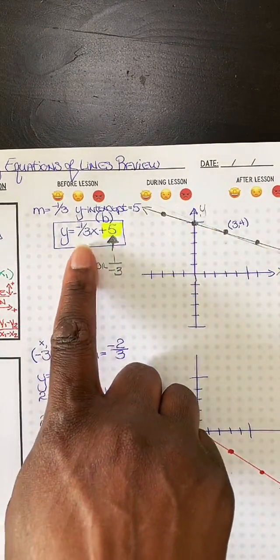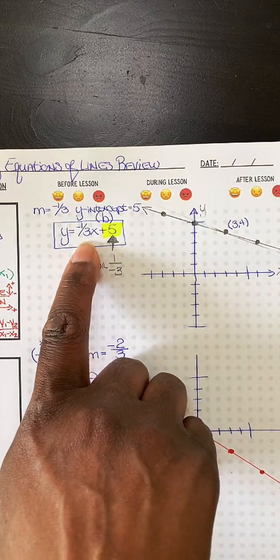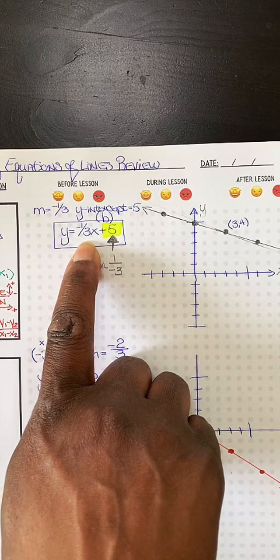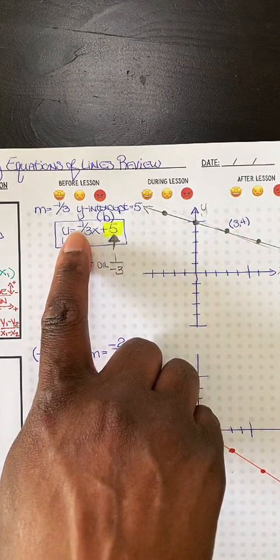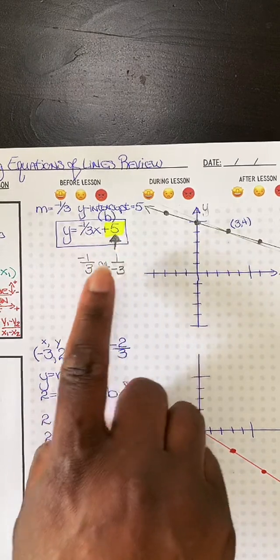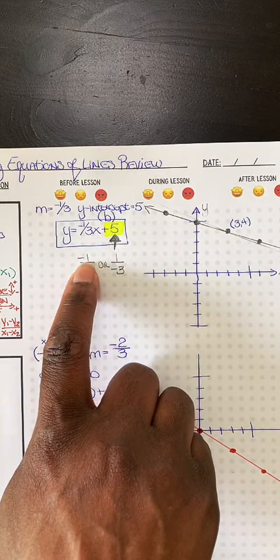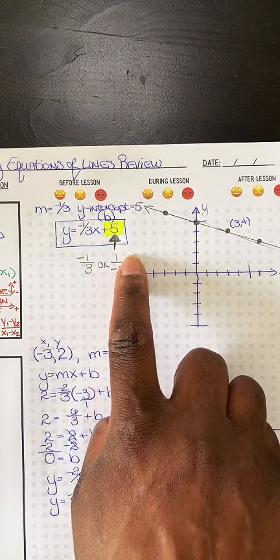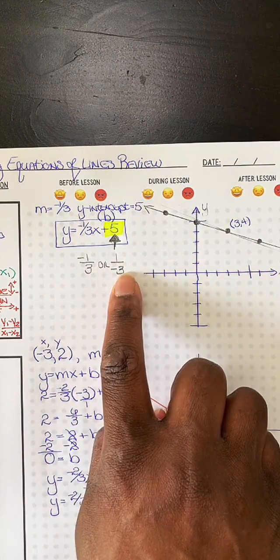Then I went to the slope. The slope is like telling you the direction, where to go to make your next point. If my slope was negative 1/3 x, you can say negative 1 over positive 3, or 1 over negative 3.